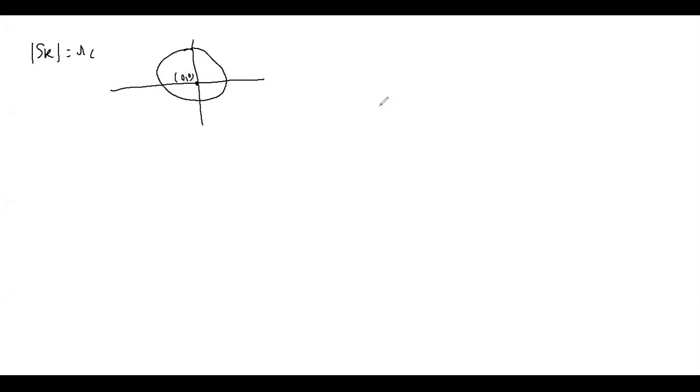There is a circle equation: (x minus h) whole square plus (y minus k) whole square equals r square, then the center is at (h, k) and radius equals r. So here the center is at origin, and what is the radius?